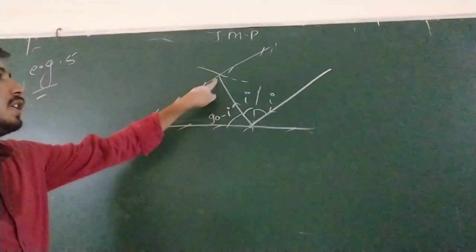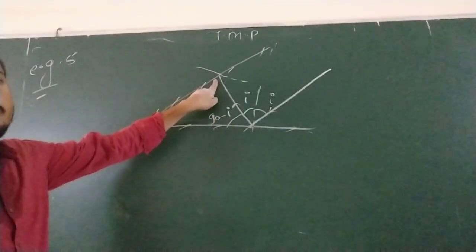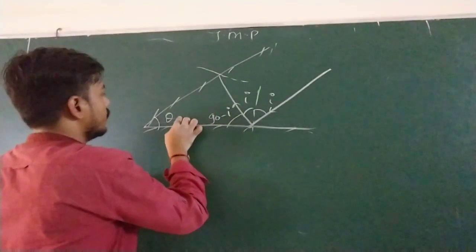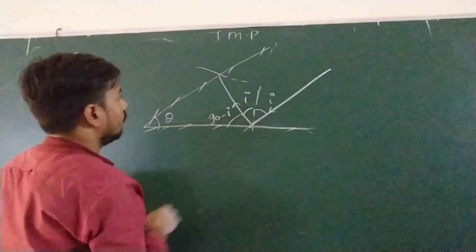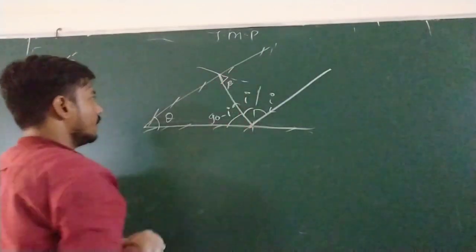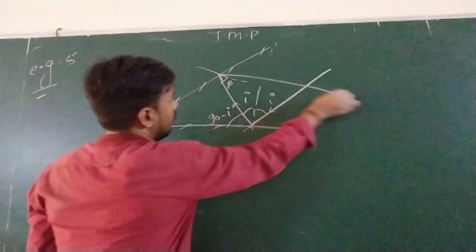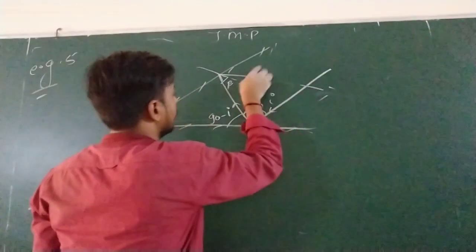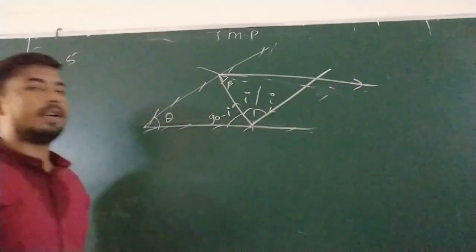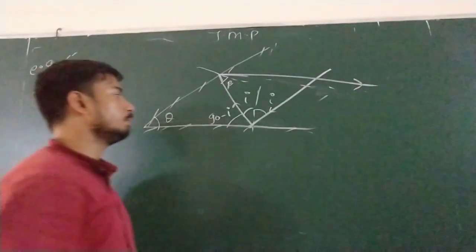This is theta, this is 90 minus theta. Just assume this value beta. After reflection, this ray will become like this according to our concept.